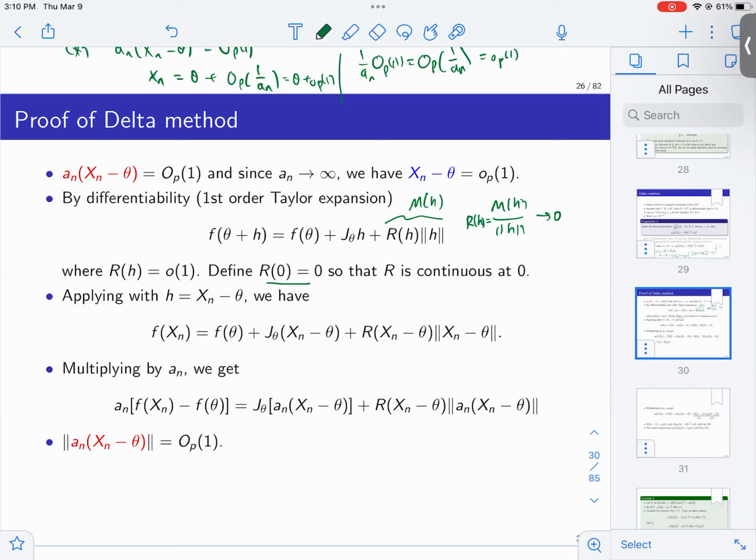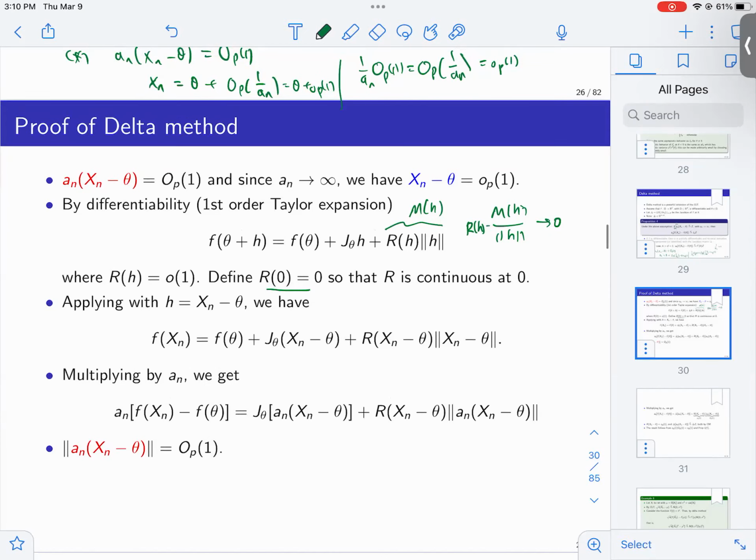Then I'm going to apply this, taking h here to be x minus theta. If you plug in the above, you get the statement. Move this to the other side, multiply by a_n, and then move the a_n inside here, multiplying each one of these.